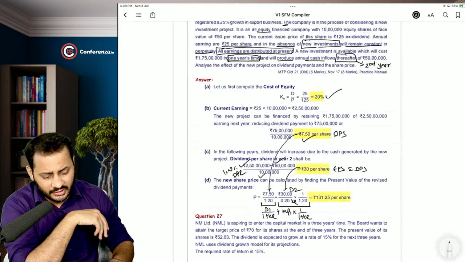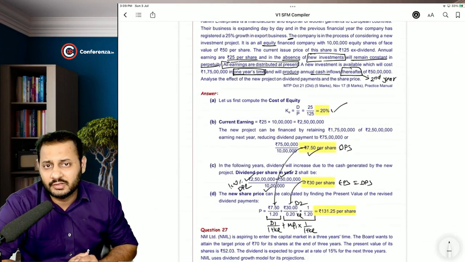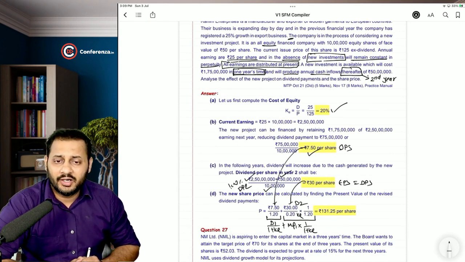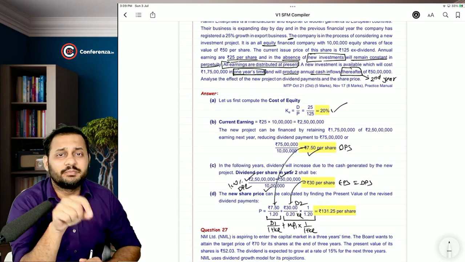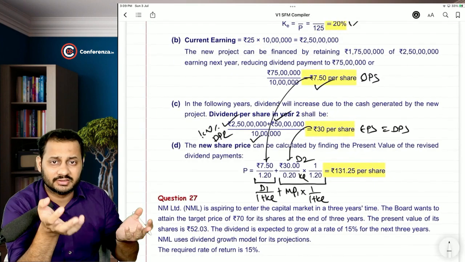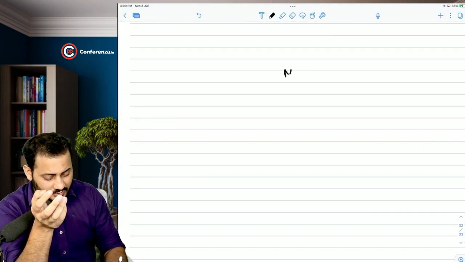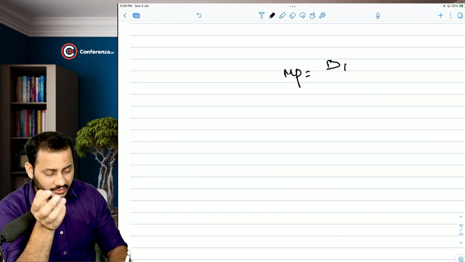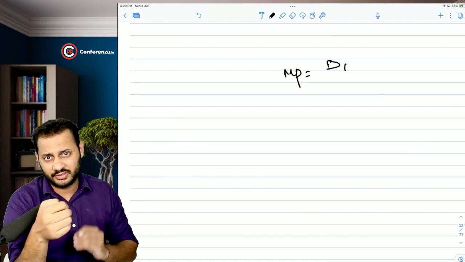You might ask, sir, where is the treatment for the outflow of 175? See, you are calculating the market price and the market price is decided by the investor's behavior. So whatever is being received by the investor matters the most. Earlier also, whenever you calculate a market price, it all depends upon the dividend, the investor's cash flow, and the investor's cash flow is the dividend amount received by him.